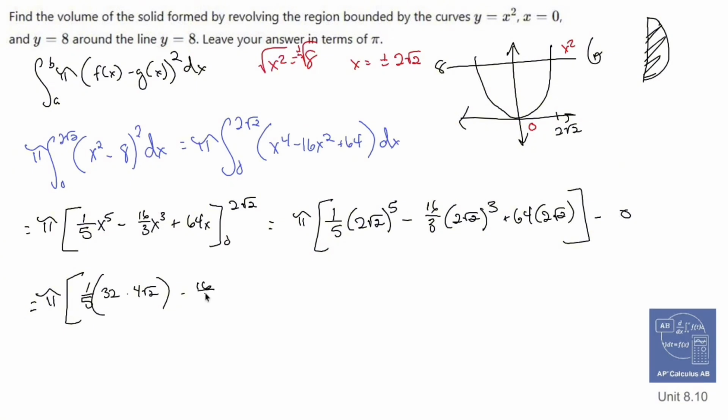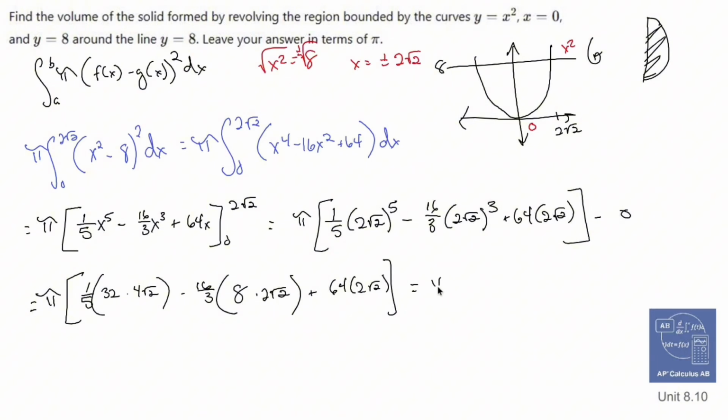Minus 16 thirds, a similar process. 2 times 2 times 2 is 8, right? Root 2 times root 2 times root 2 is 2 root 2. Plus 64 times 2 root 2. Fortunately, I don't have to lose sleep over that one.